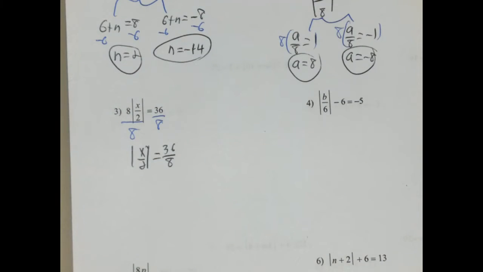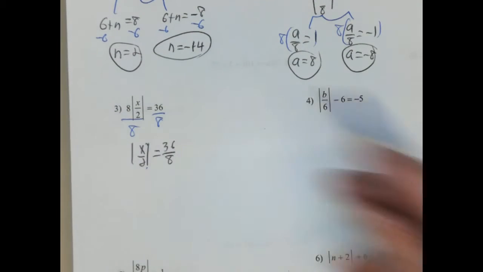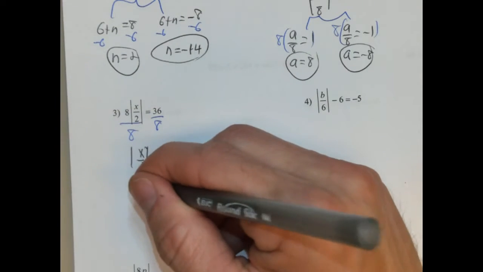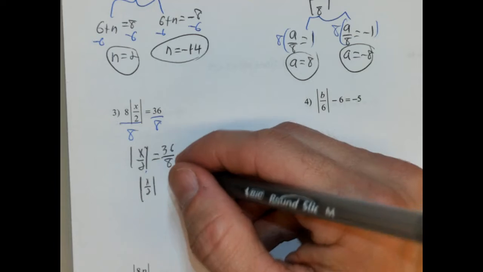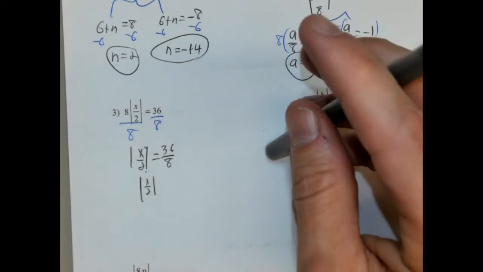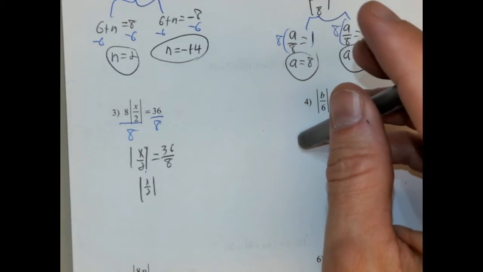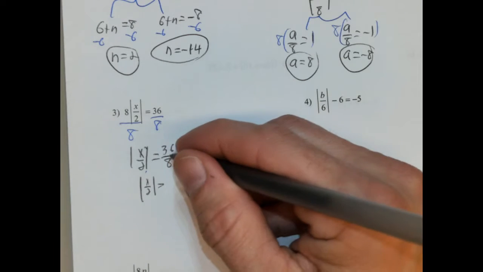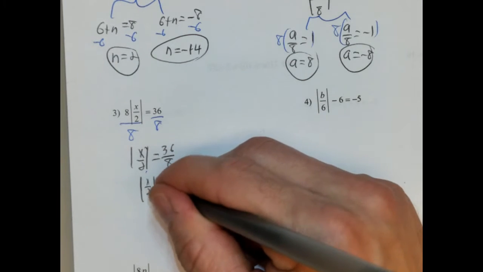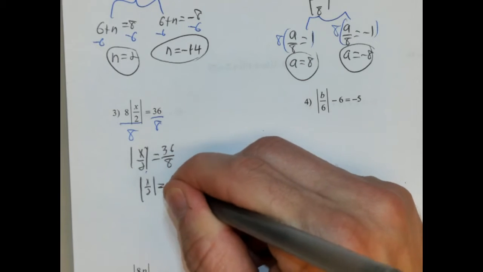Leave it like that for now. And let's simplify that. They're both divisible by, what, 2? Actually, they're both divisible by 4. So that'll become 9 over 2.